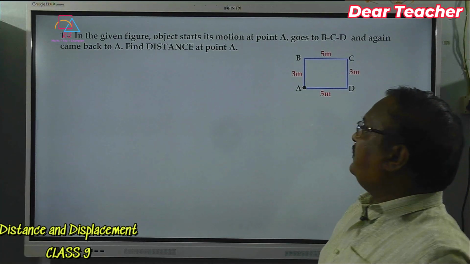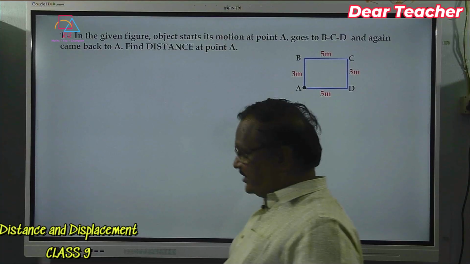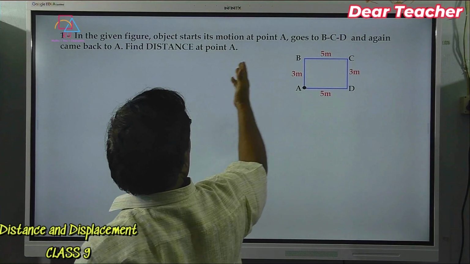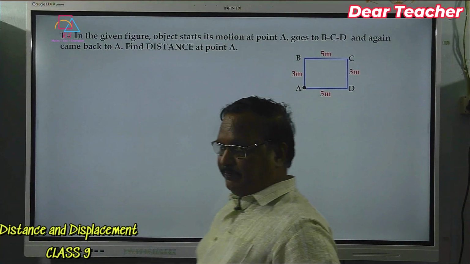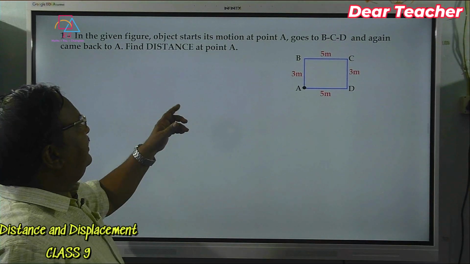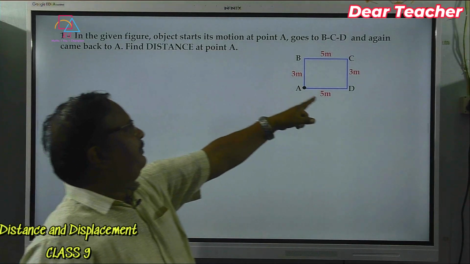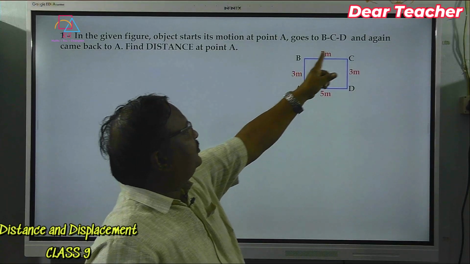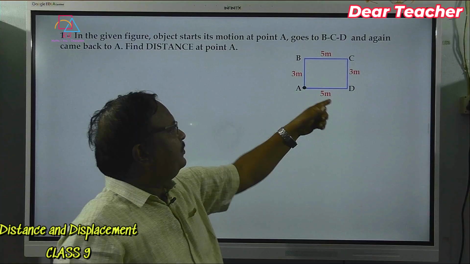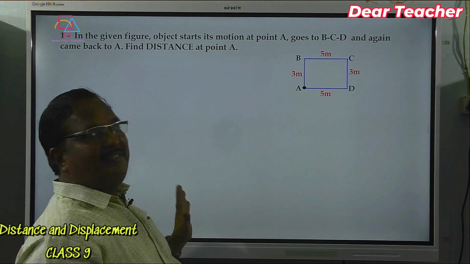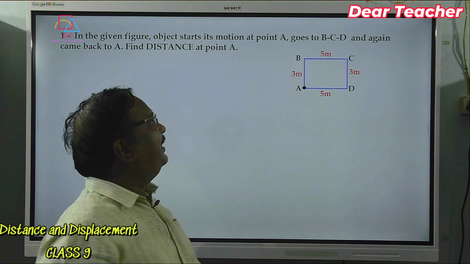Let us have a question. In the given figure, the object starts from A, goes to B, goes to C, goes to D, and again comes back to A. The previous case was a circular path, now it is a rectangular path.